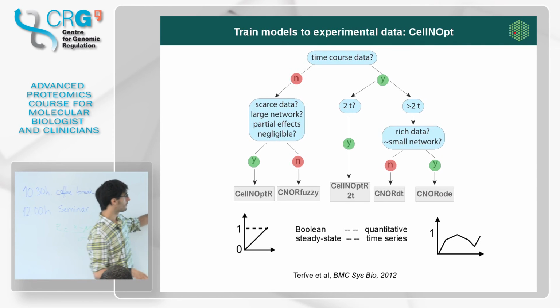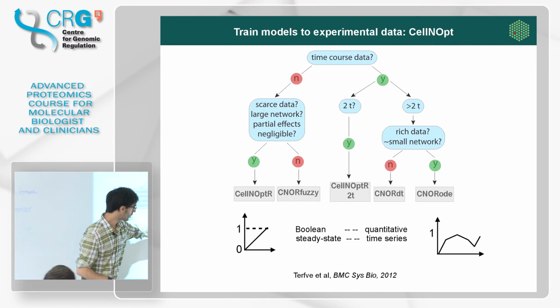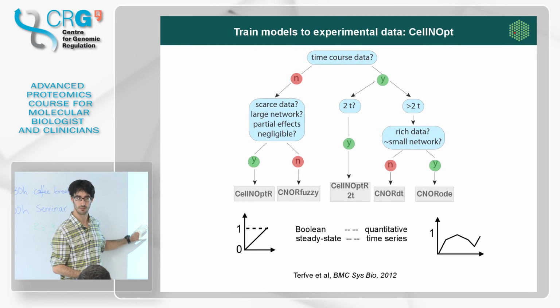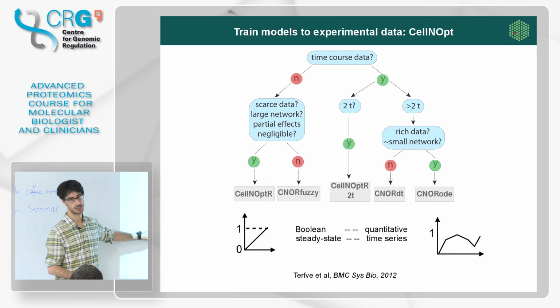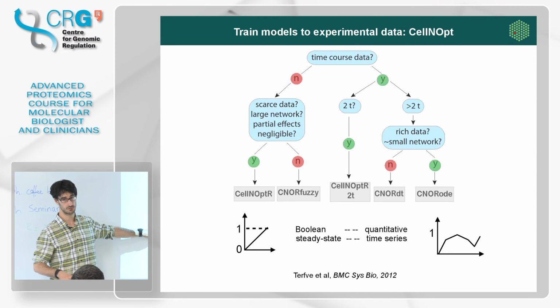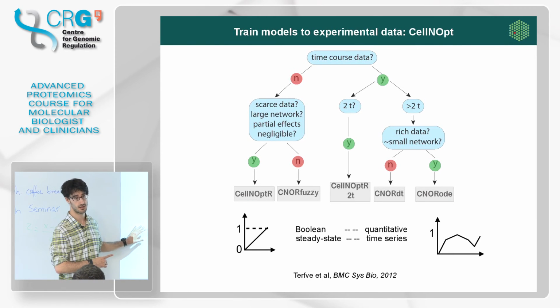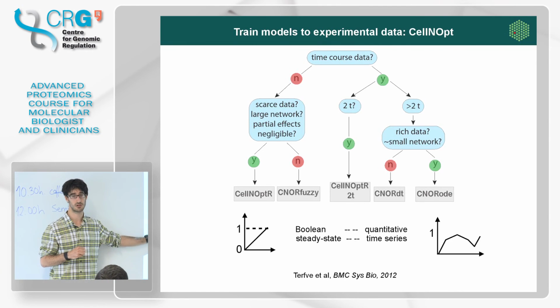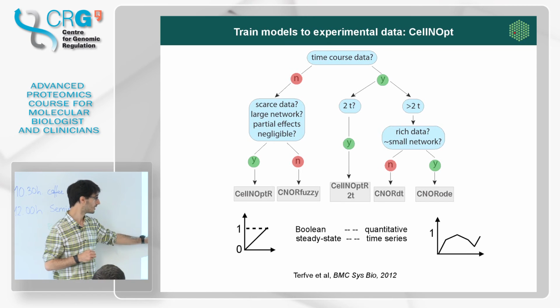So there are a bunch of different approaches drawn here that you can use in this modeling approach, in CellNOpt. CellNOpt-R is the first one that was published. It's the one in the paper that I mentioned before, and it's the one in the diagrams that I have been showing. It's also the one that I use in my research in this multiple sclerosis project that we looked at yesterday.